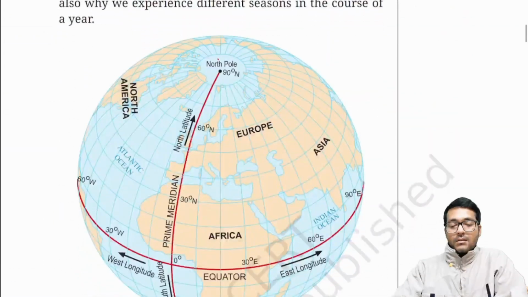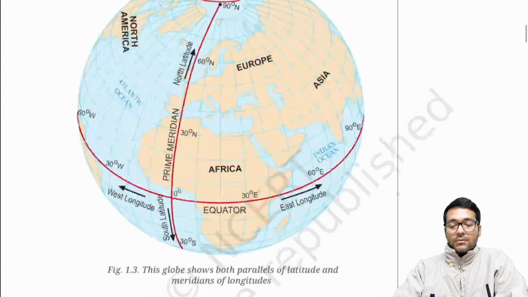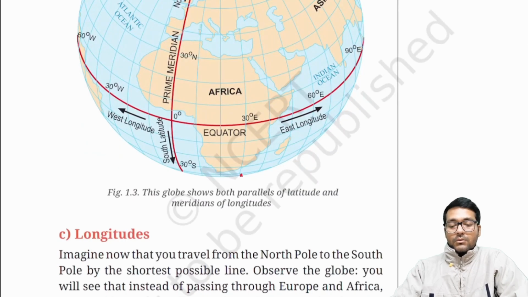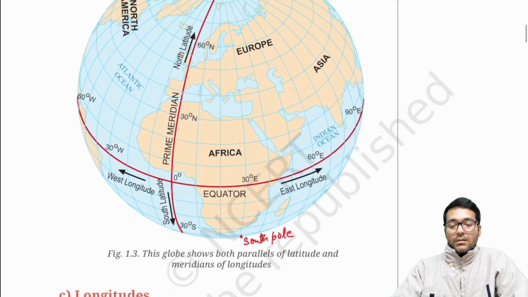You can see the North Pole here and the South Pole will be here. From the middle you can see the equator, that is the largest circle encircling the earth from the center to its center.